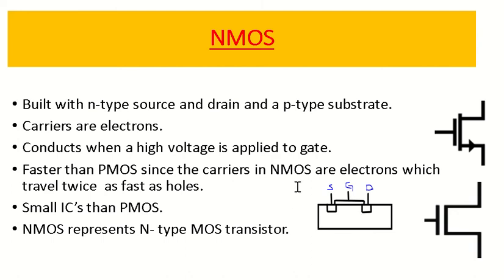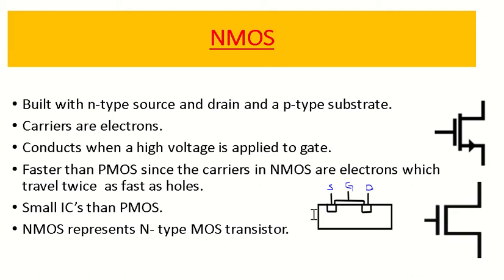In case of NMOS, it is built with N-type source. A semiconductor is made up of either N-type or P-type material, which can be used in the manufacture of a device or terminal.